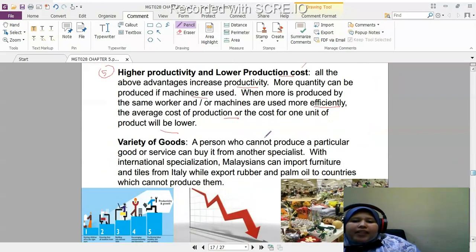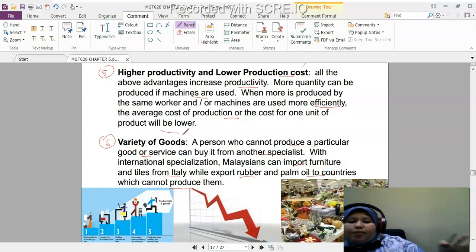Okay, then the sixth one, variety of goods. A person who cannot produce a particular good or service can buy it from another specialist. With international specialization, Malaysia can import furniture and glass from Italy, while exporting rubber and palm oil to countries which cannot produce them. So that is, I already mentioned about it.